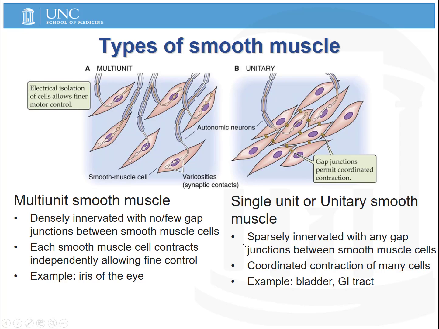The bladder, for example, is surrounded by single unit smooth muscle so that contraction and emptying of the entire bladder can happen all at once. In reality, most smooth muscle in the body falls somewhere on a continuum between these two types of smooth muscle, and that includes vascular smooth muscle, which will be a major focus of the cardiovascular system.